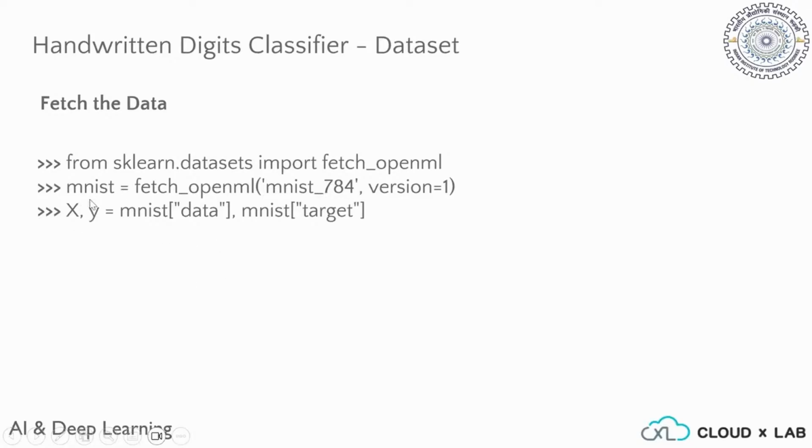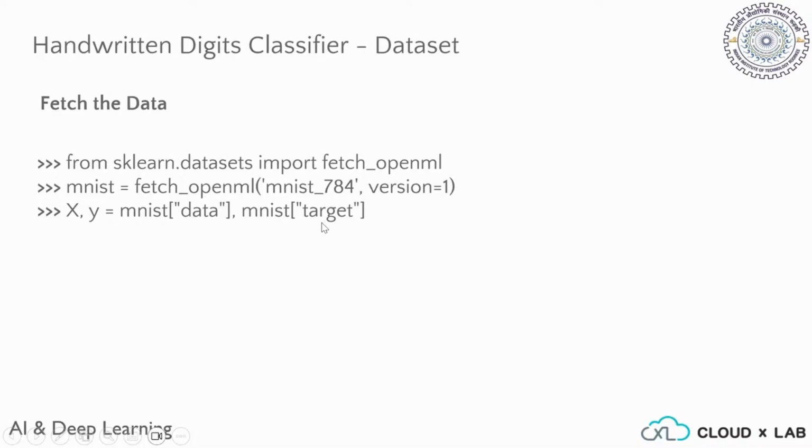Now using that complete data set, I'm extracting inputs and outputs. So here writing mnist['data'] means I'm extracting inputs. X is nothing but the input matrix, the feature matrix, and y is the output labels.